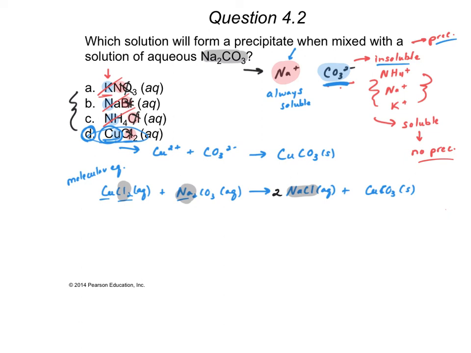Okay, so then from there, I'm going to go ahead and write out the complete ionic equation, right, where everything essentially is going to be as it is in solution. So anything that's aqueous is going to break apart into its ions. So here we're going to have a copper 2+ ion floating around.